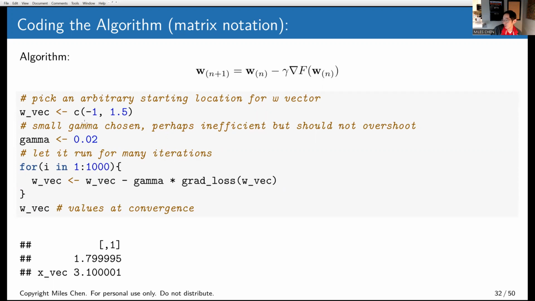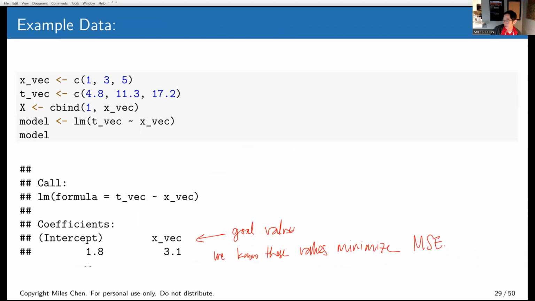Just take your current W vector, your weight vector, and do the gradient descent step: W minus gamma times the gradient, nabla F. Do this 1,000 times. After 1,000 iterations, what are the values I get? I got 1.799 and 3.10, which is very close to the actual values of 1.8 and 3.1.